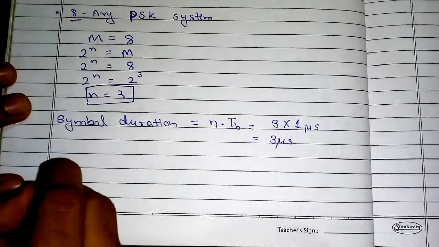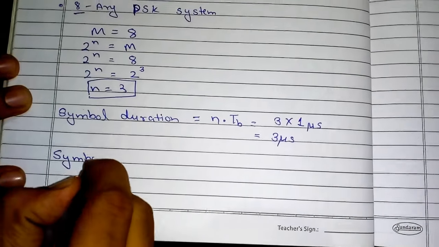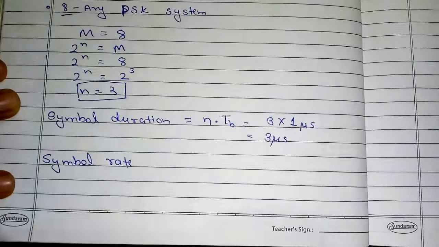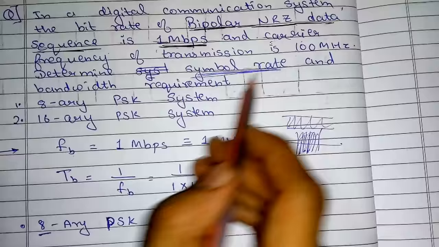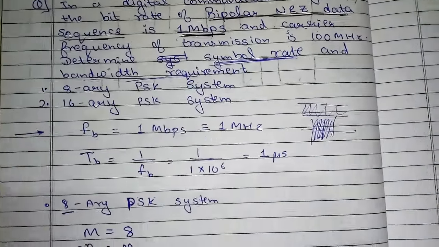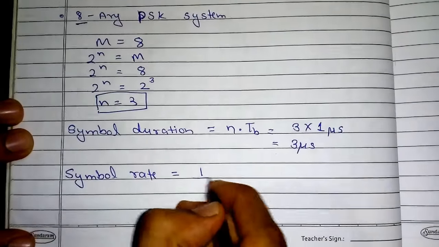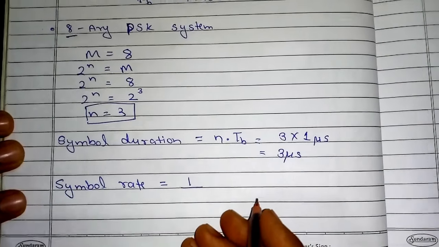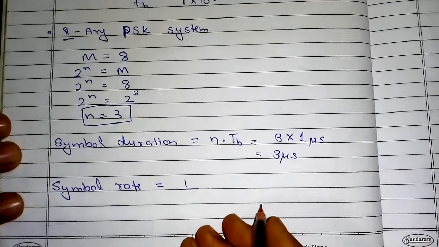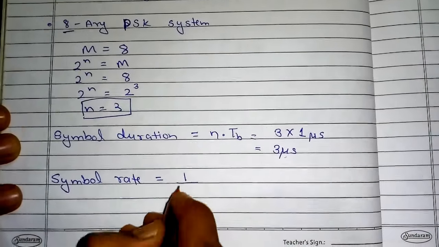Now the symbol rate, which I have to find in the question. Symbol rate and bandwidth requirement. So symbol rate is nothing but 1 upon my symbol duration. My symbol duration came out to be 3 microseconds.